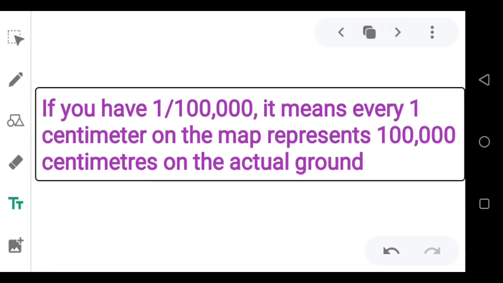If you have 1/100,000, it means every 1 centimeter on the map represents 100,000 centimeters on the actual ground.